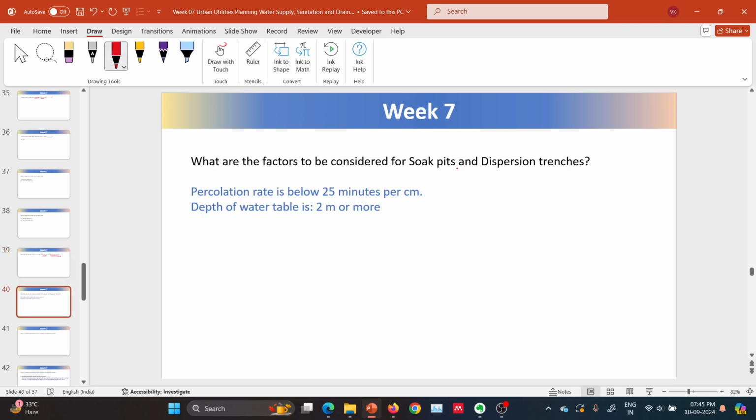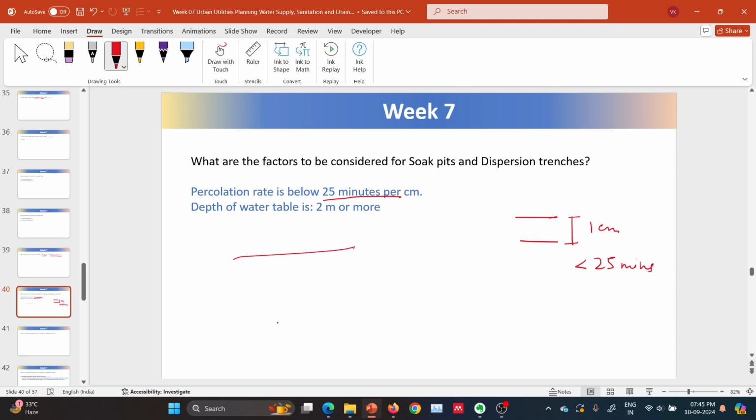For these two, percolation rate should be below 25 minutes per centimeter. So for flowing 1 centimeter, it should take less than 25 minutes. And depth of water table.